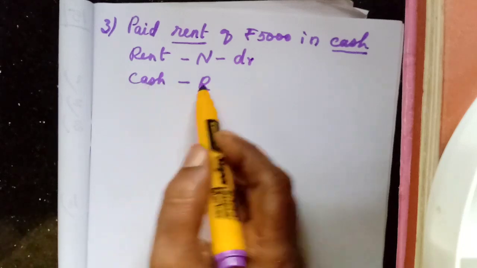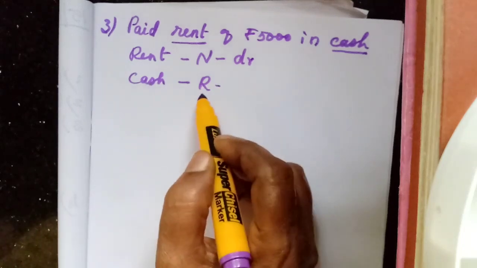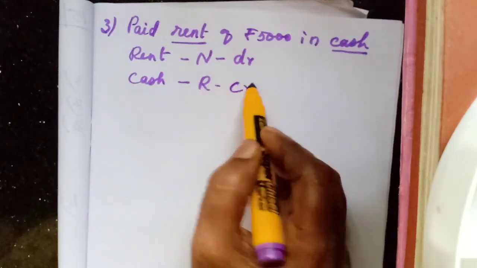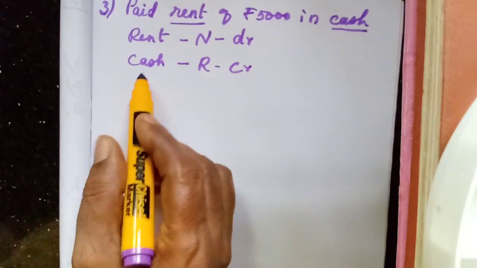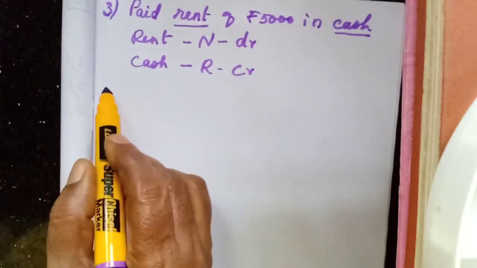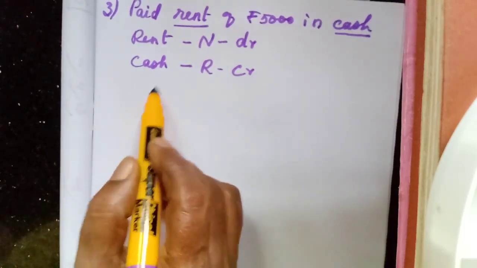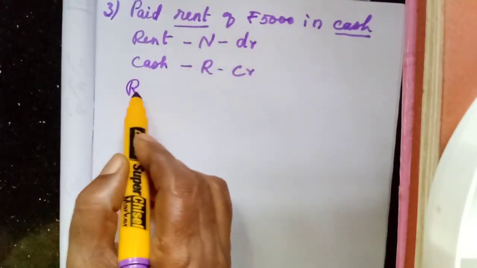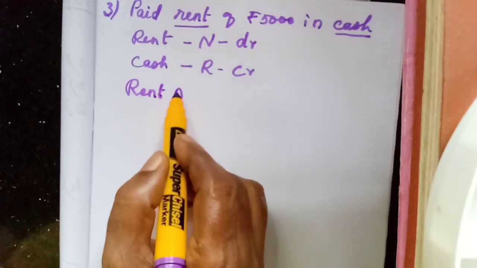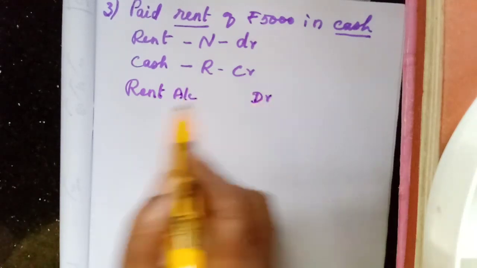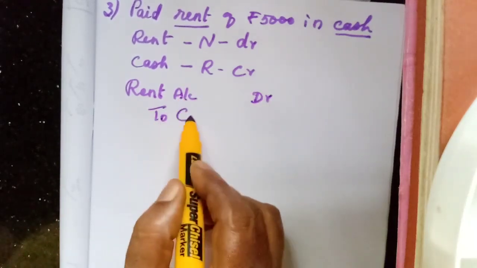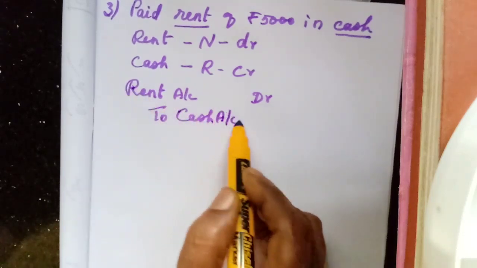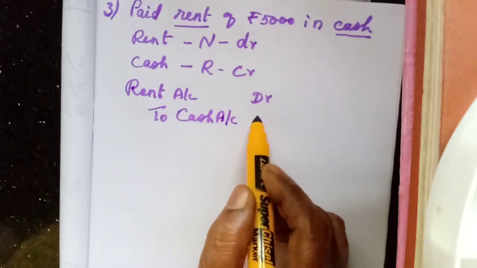Here for cash, what is the rule? Debit what comes in, credit what goes out. Here the cash is going out, so we should credit. Now we will write the entry. Date, then particulars column. First debit, rent account, debtor, to cash account. You see the first letter should be in capital letter, then this A also must be in capital letter.